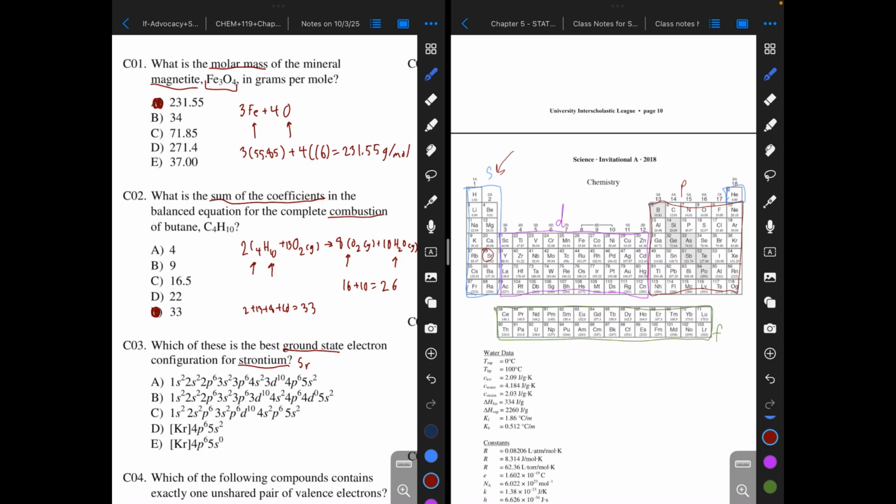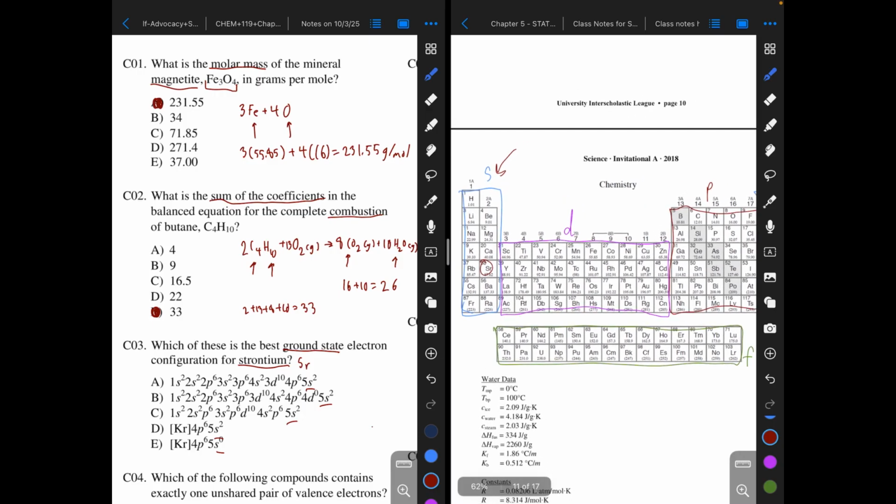That means the electron at the very end of the electron configuration is going to be S. That doesn't really help us too much because every element in this block has S at the end. But here's what does help. Let's figure out what the number in front of the letter would be.